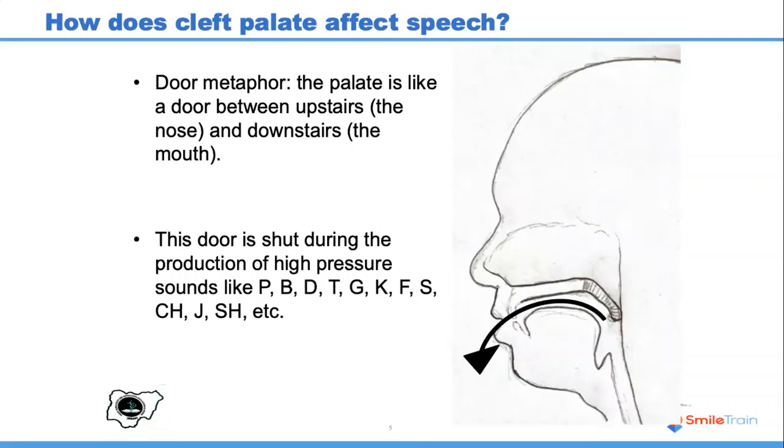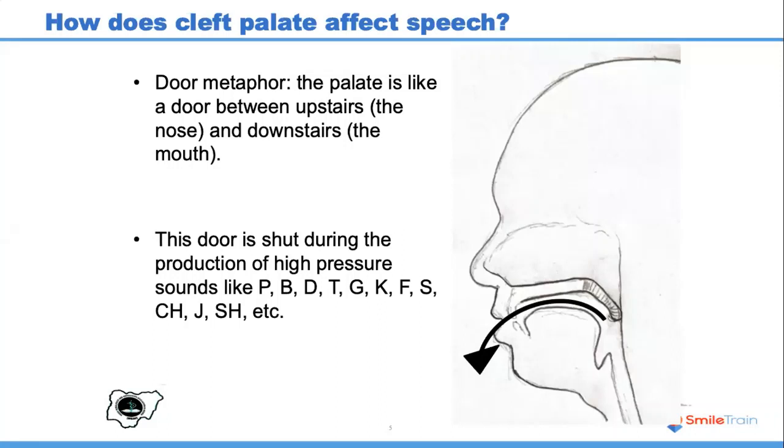Now, for the production of sounds, there are some sounds that are referred to as the high pressure sounds. Those are the sounds that are challenged in cleft palate anomaly. It's not all sounds. For instance, nasal sounds can be made conveniently by individuals with cleft palate anomaly. And the low pressure sounds can somewhat be made to some degree.